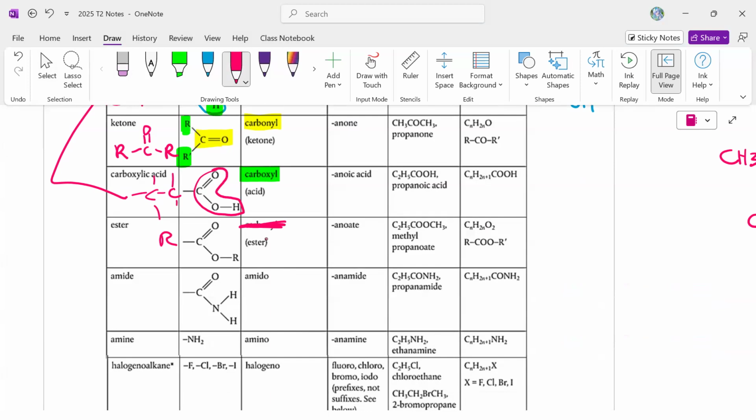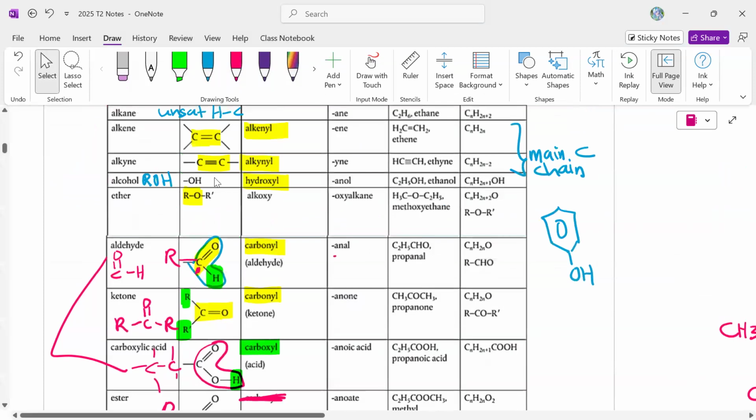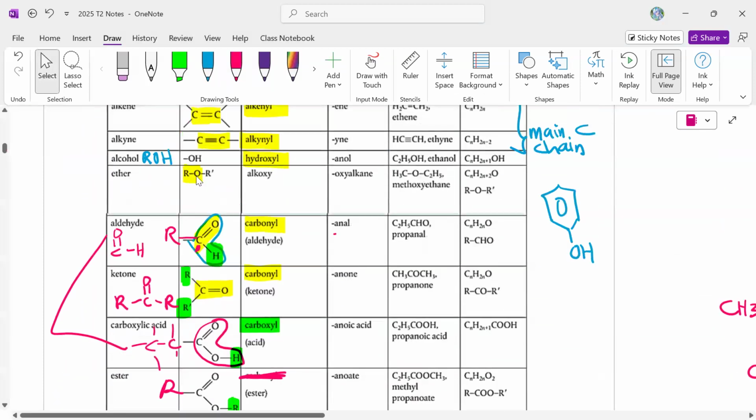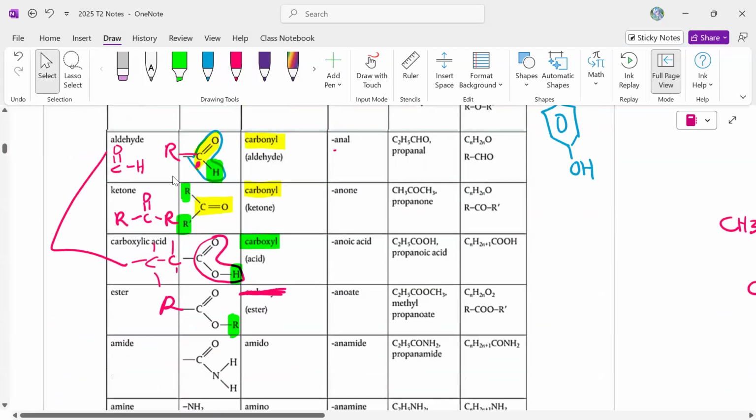Now this can be an H, it can be an R, but most of the time it's R. So RCOOR. It looks like the acid, but now the H of the acid was replaced with another alkyl group. Do not mix up ester with ether, because ether was the single bond one. And this is COOR.